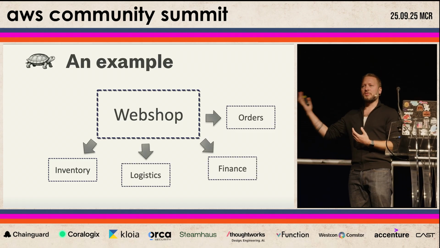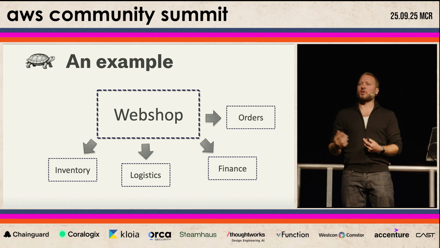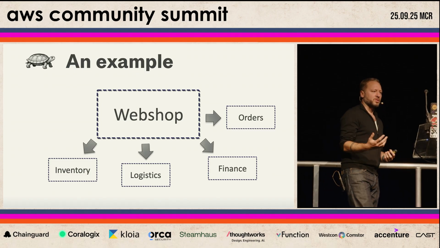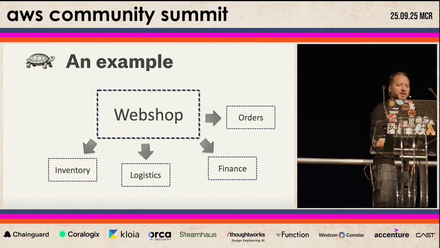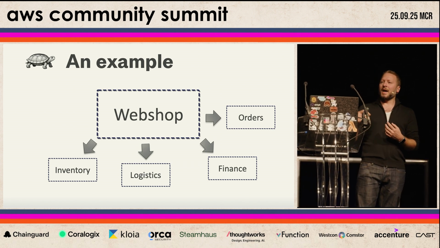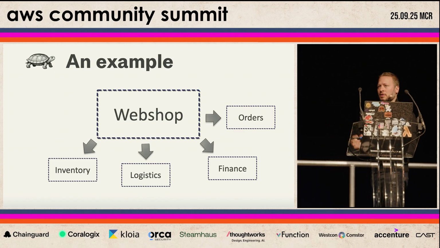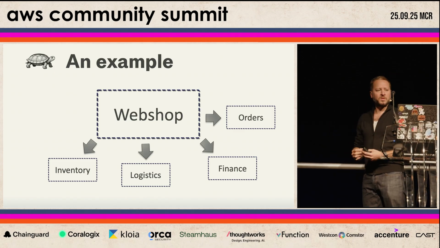So for example, if we use the business processes as the dimension for modularity, we now see the inventory, the logistics, the finance, and the orders processes. And each of these modules, if you separate it this way, are of course smaller than the original system.